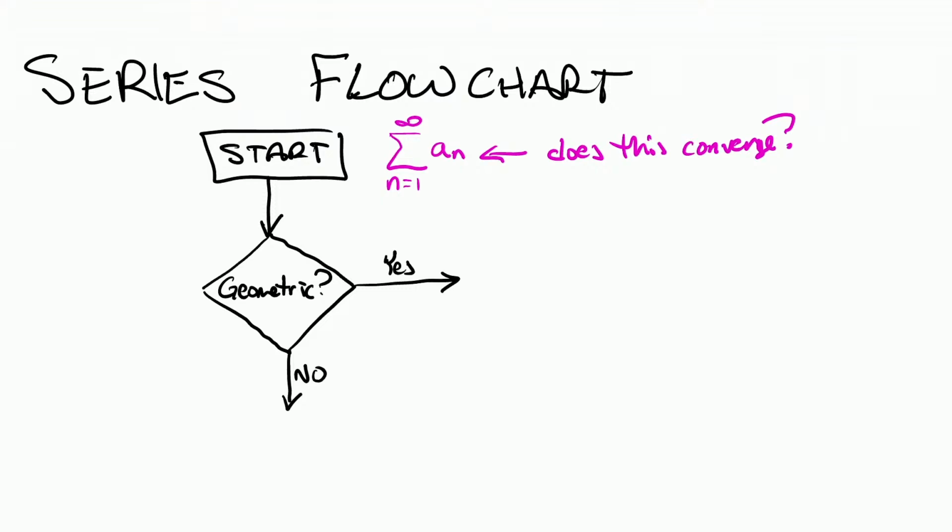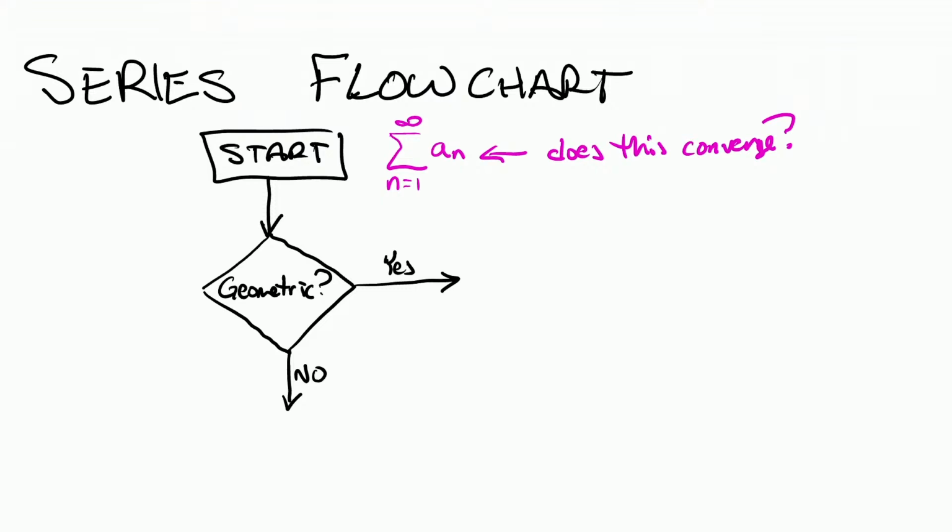The point is that as you are thinking about a series, if you have a series here, and you want to know, does this converge or diverge, then you're going to go through this set of questions, and they will help you to determine if this converges or diverges.